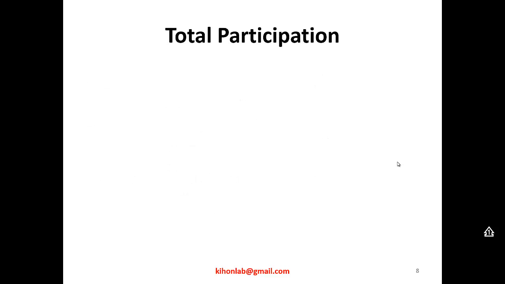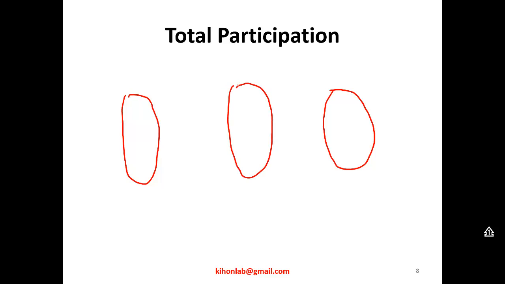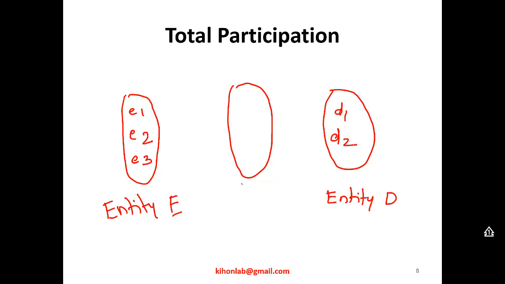Total participation would be represented something like this. We have an entity set E with entities E1, E2, E3, and another entity set D with D1, D2, and here the relationship set with R1, R2, and R3.